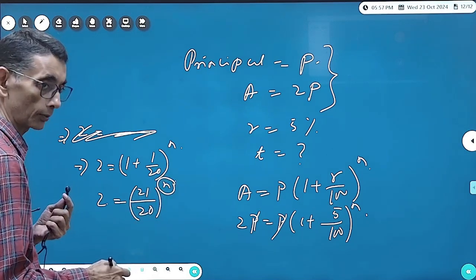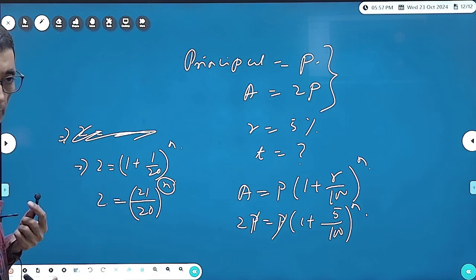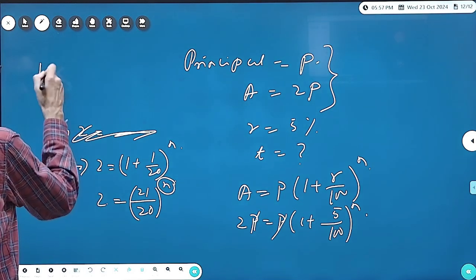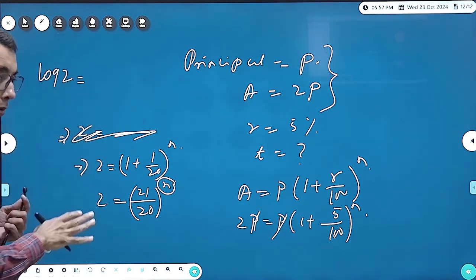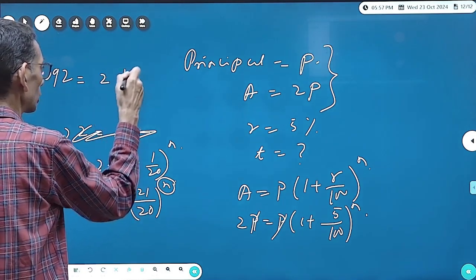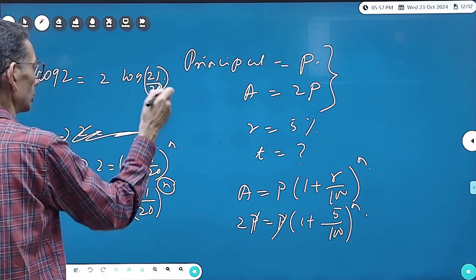So if you need n, we have to take log on both sides. Log 2 on the left, and on the right the exponent comes down: n log 21/20.